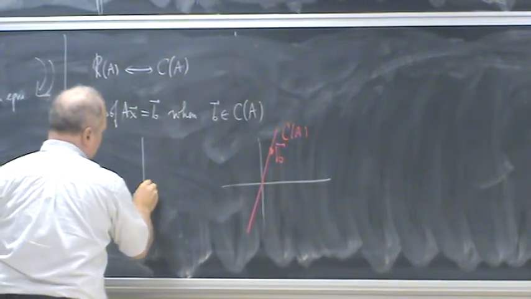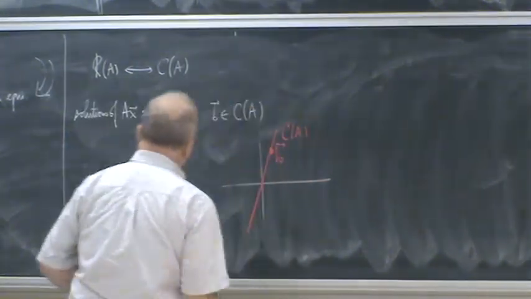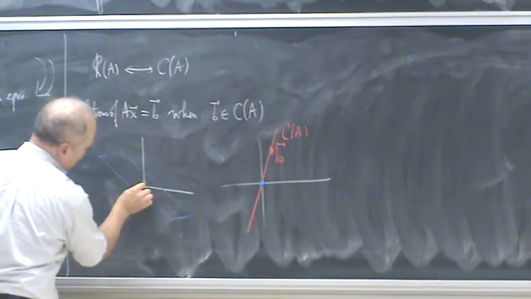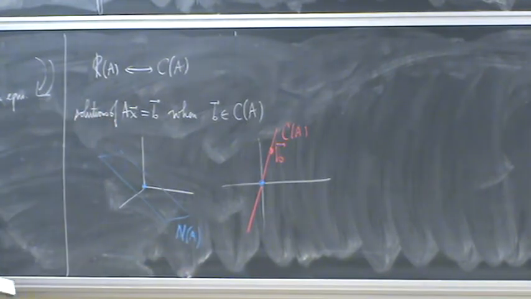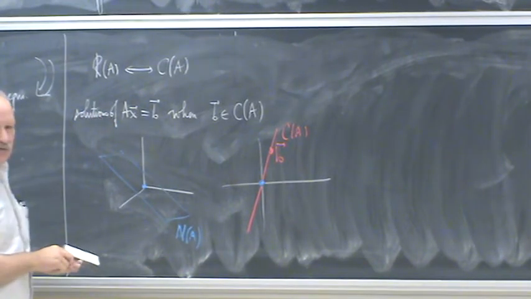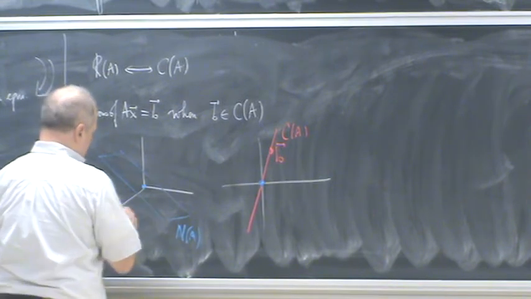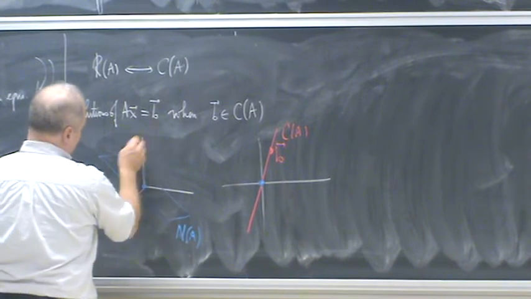And back here, how do I write down what the solutions look like? Well, if B were 0, I would have the what? The null space. What happens as I vary B? You're translating. I'm translating that subspace.